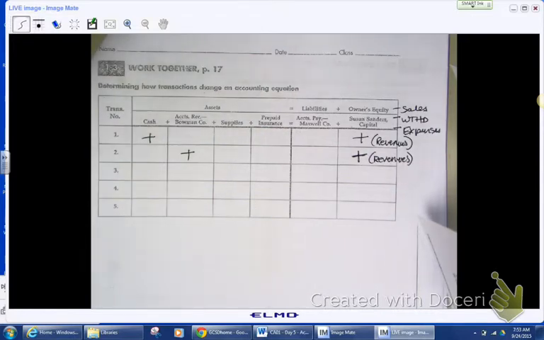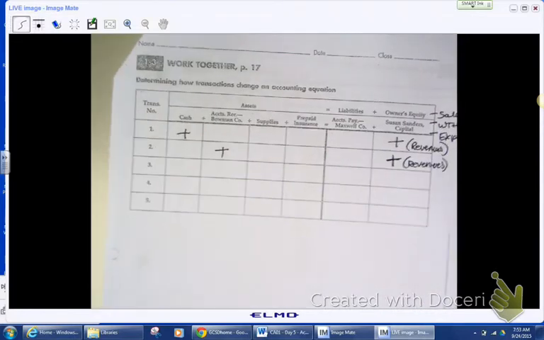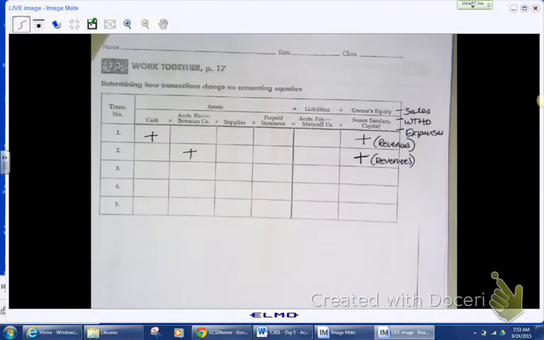Transaction number 3 is paid cash for telephone bill. What are our two accounts that are affected? Cash, we unequivocally know. Okay, and the other one, this one's new. Expense. It's an expense, right?